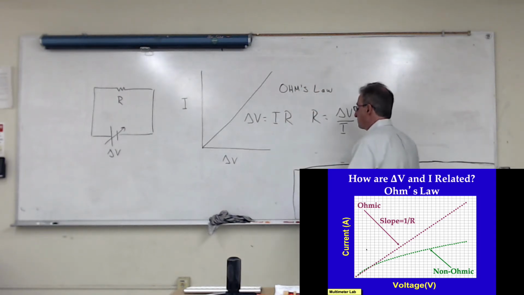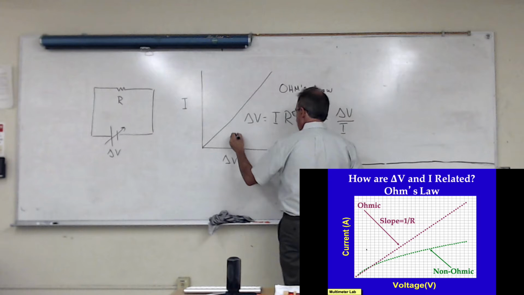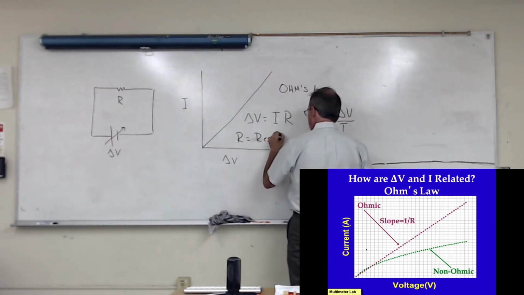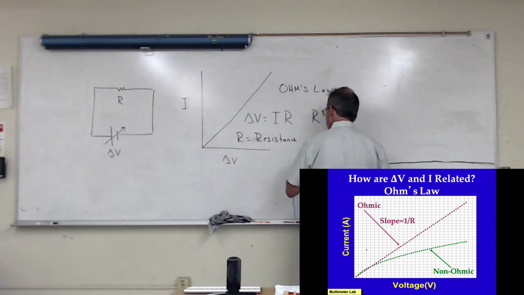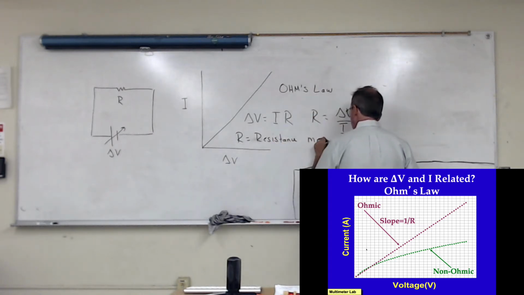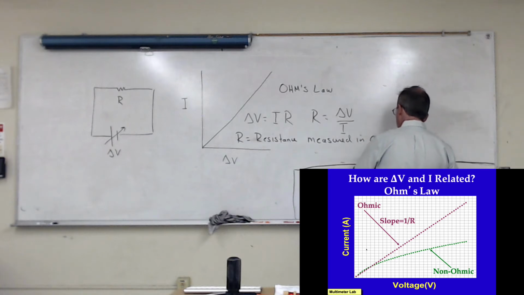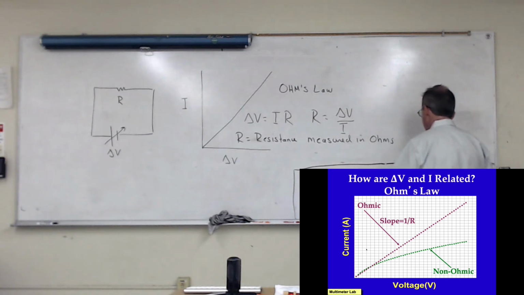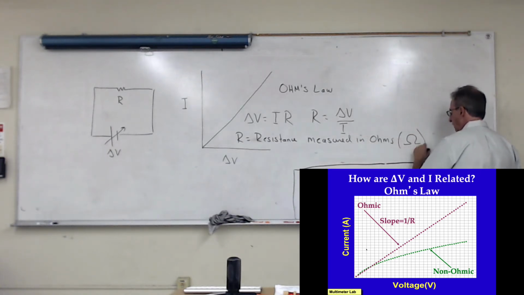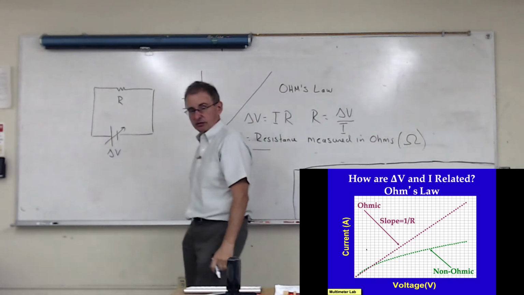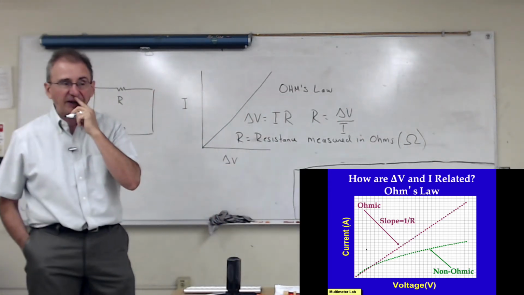And resistance was measured in ohms. The symbol for it is the Greek capital letter omega.